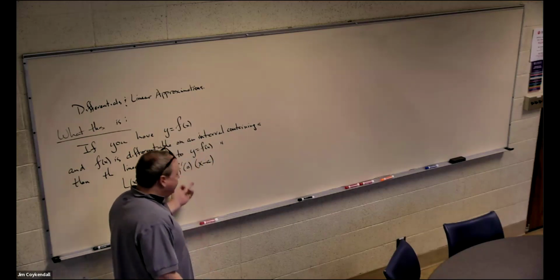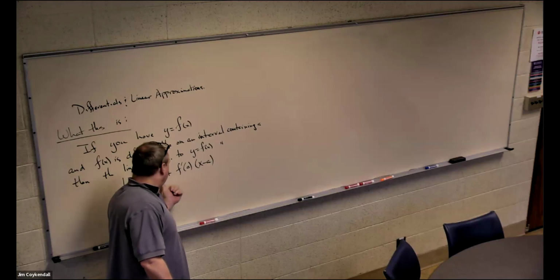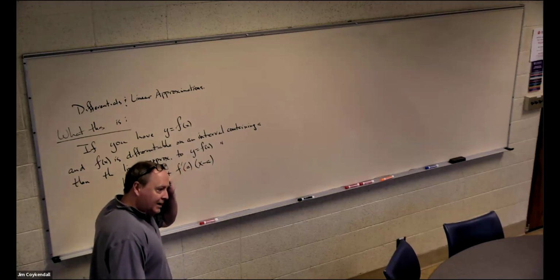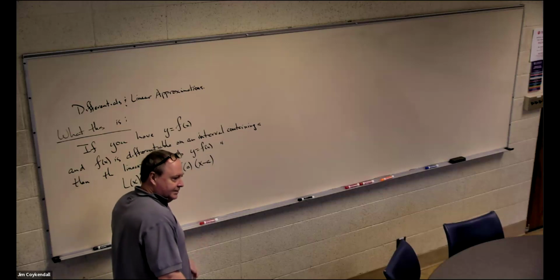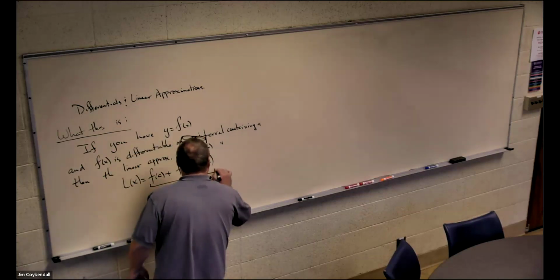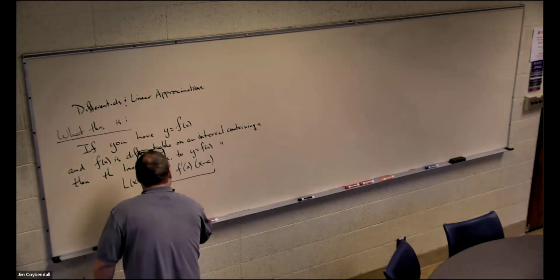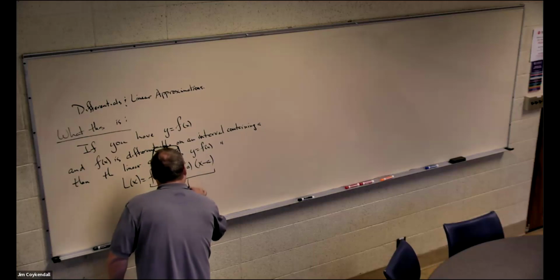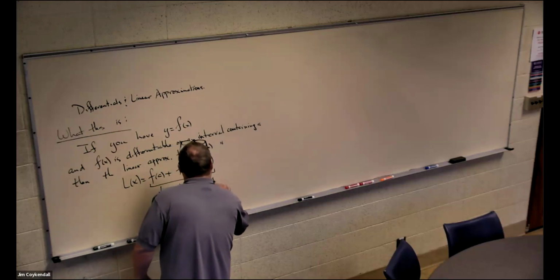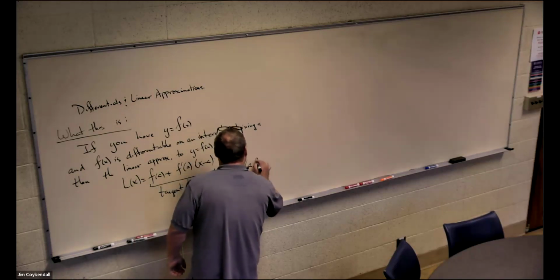Anybody recognize this? f of a plus f prime of a times x minus a. All this is fancy words. All this is a tangent line to y equals f of x at the point a.